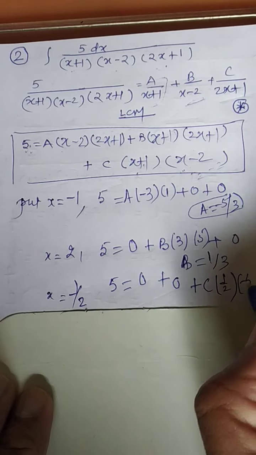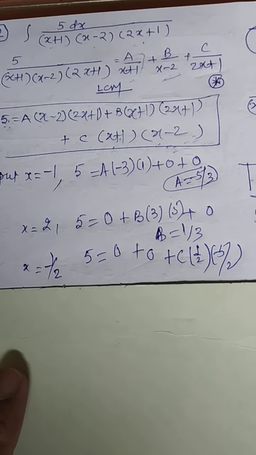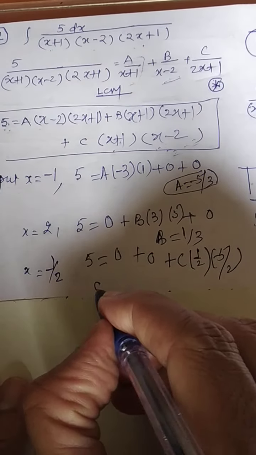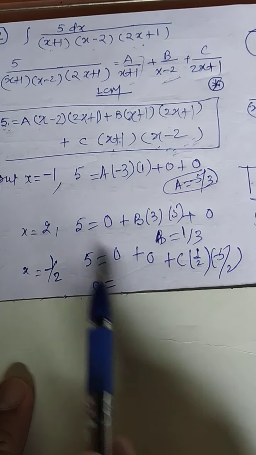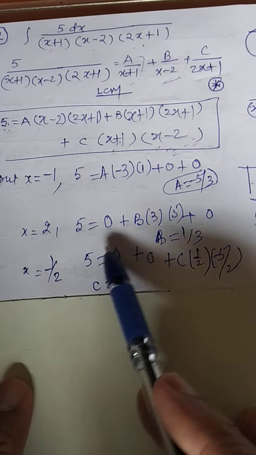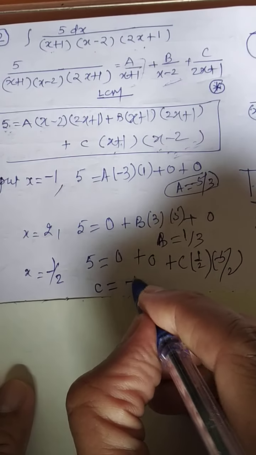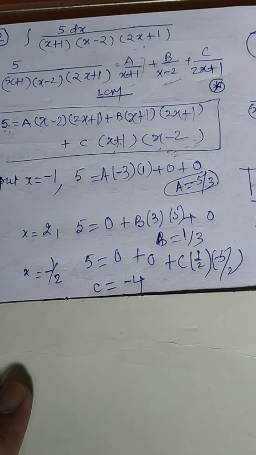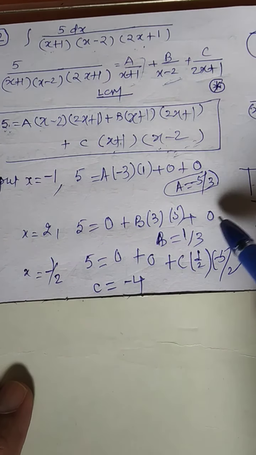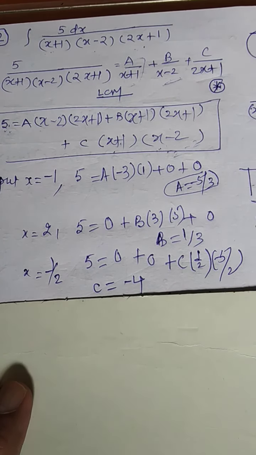It will be minus 5/2. So finally you are getting the value of C also. C will be equal to, this 5 and 5 will get cancelled and this will go up. It will be minus 4, that much. Actually 5 by minus 5/4, 5 will get cancelled, minus 4.